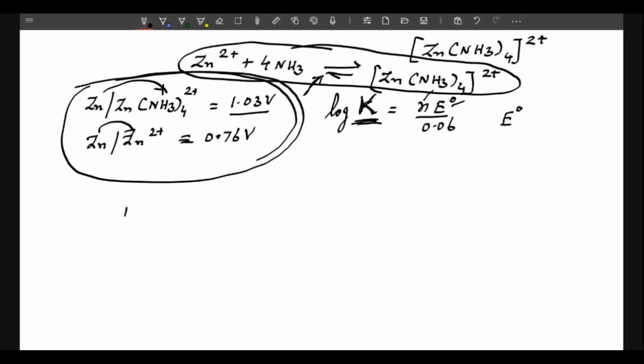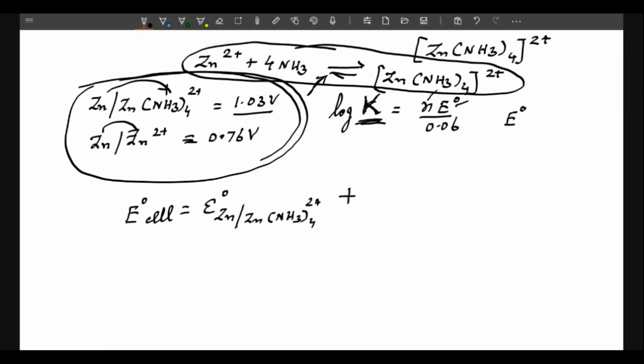Therefore, E naught cell is equal to E naught Zn | Zn(NH3)4 2+ plus then the other should be the reduction process, E naught of Zn 2+ | Zn.